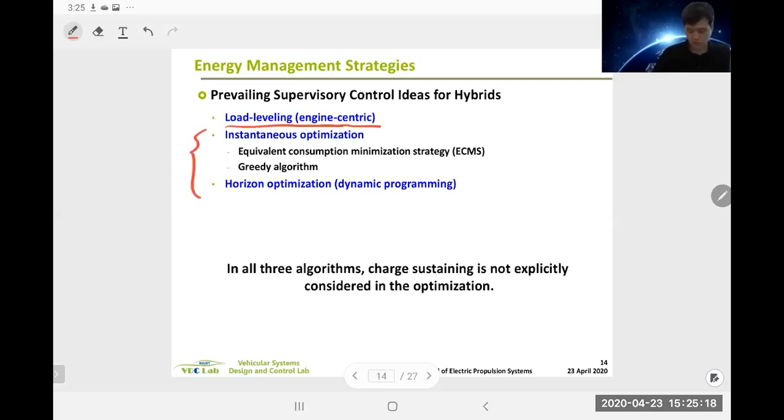So largely, we can divide it into 2 groups. First one is instantaneous optimization. Second is horizon optimization. And in all of this, charge sustaining is not explicitly considered in the optimization, and we need to somehow handle this. Okay?